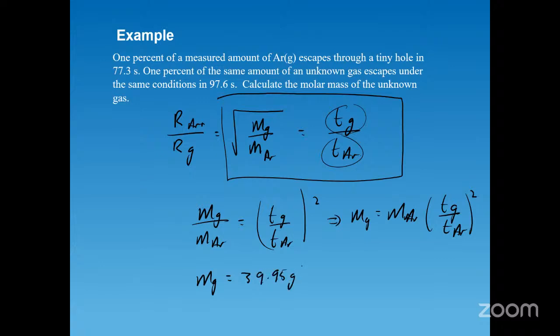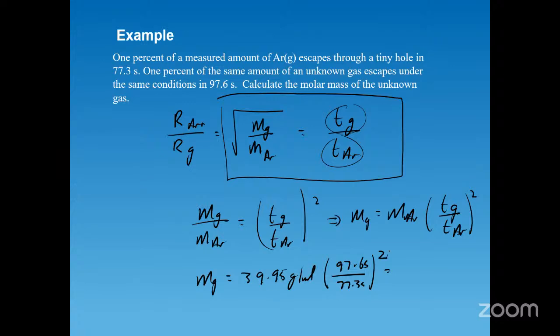39.95 grams per mole, multiplied by the time of diffusion of the unknown gas, which is 97.6 seconds, divided by the time of diffusion of argon, which is 77.3 seconds. And then we do the calculation. Oh, don't forget the square.